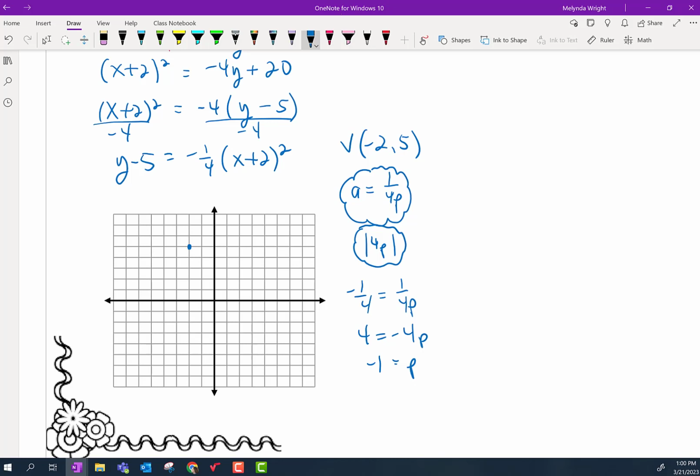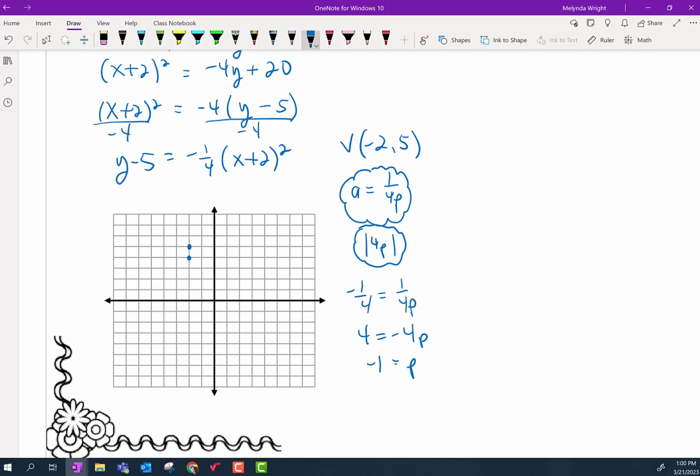Do you remember how we decide whether it's going to open up or down? What would that be? The sign of A is negative, so this one's going to open down. So that means that this distance of 1, so P, is going to be right down here.